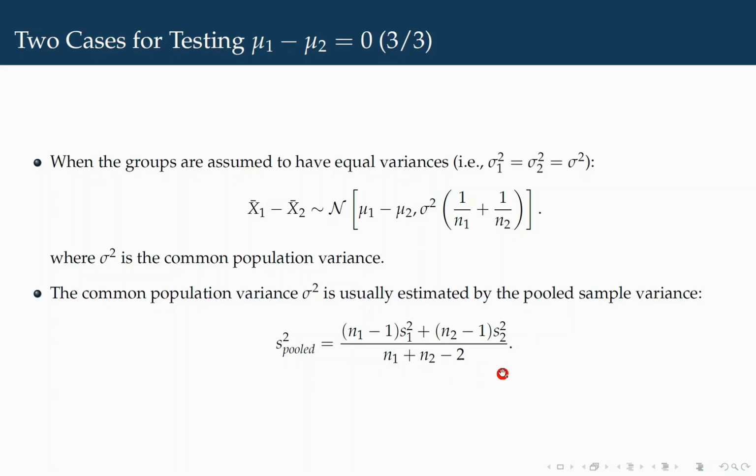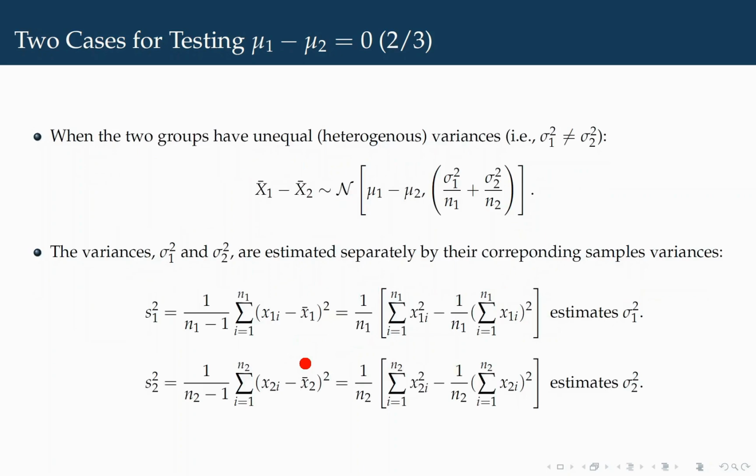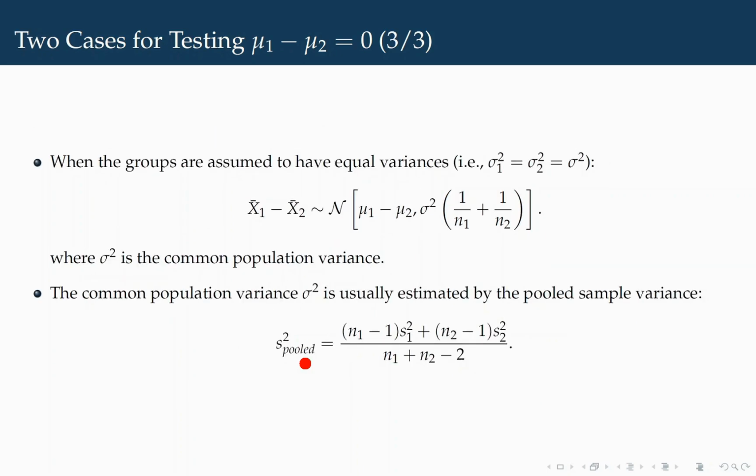Therefore, this pooled sample variance could estimate the common variance sigma square. So instead of sigma square, we could use S pooled square. So the test statistic depends on our assumption whether the groups have different variances or whether the groups have the same variance.